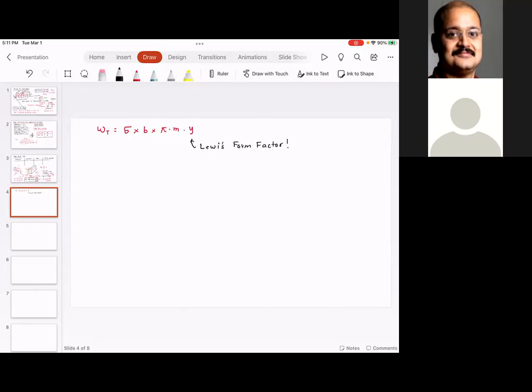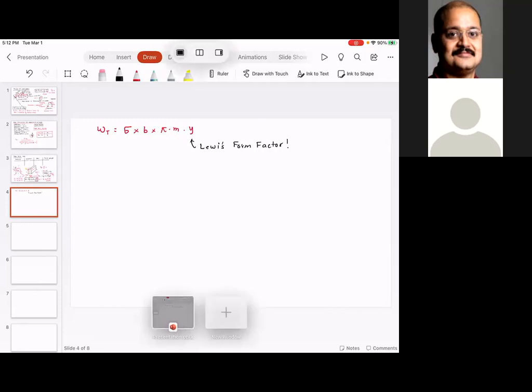So to account for these assumptions, they added these safety factors. So this y, or the Lewis form factor, you can think about as a safety factor that compensates for the assumptions in the basic hand calculations. Everyone understood this? So think about it like a factor of safety.